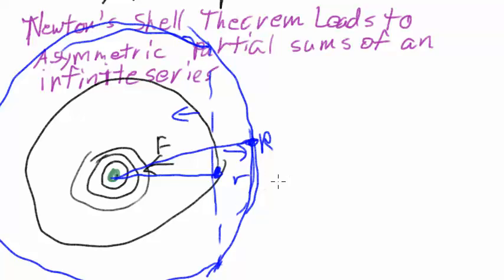it involves an integral of L, we'll call this L, going from capital R minus little r to, let's call this, square root of R squared to square root of R squared plus little r squared.